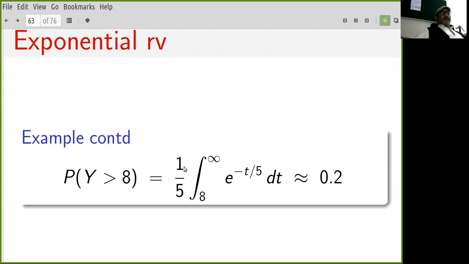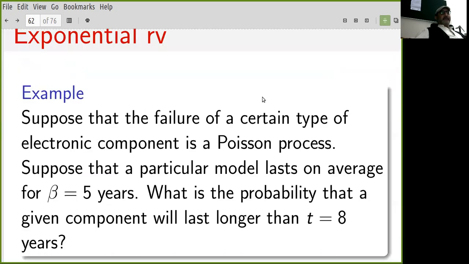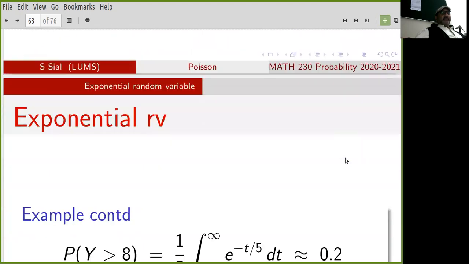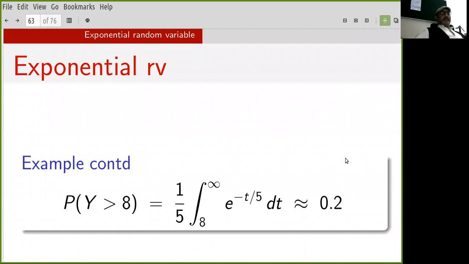So 1 over beta, 1 over 5, times the integral from t equals 8 to infinity of 1 over beta e to the minus t over beta, and beta was 5, dt, and that will work out to about 0.2 if you do the integration.